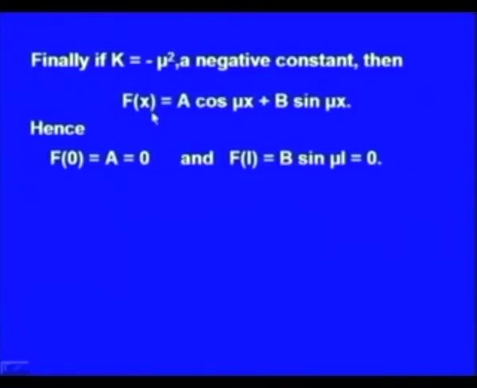Now, making use of f(0) equal to 0, it follows that a is equal to 0, and when you take f(l) equal to 0, we get b sin mu l equal to 0. Now, if you take here b equal to 0, then a and b both zeros will give you f(x) equal to 0 for all values of x, which will give you u equal to 0 for all x and t. So, b cannot be taken as 0.